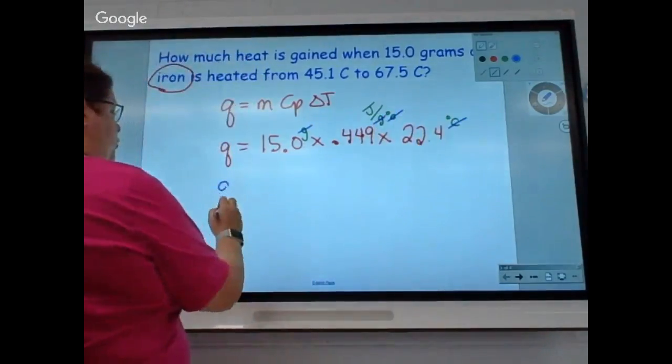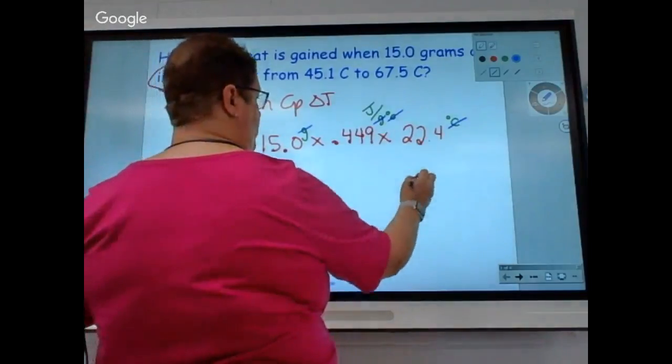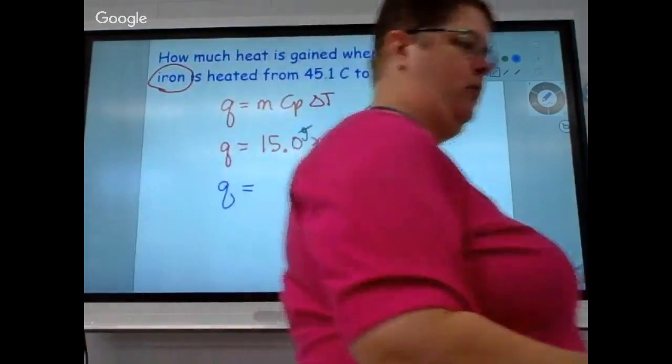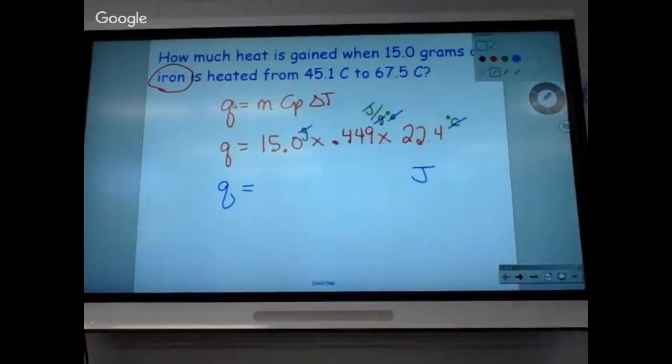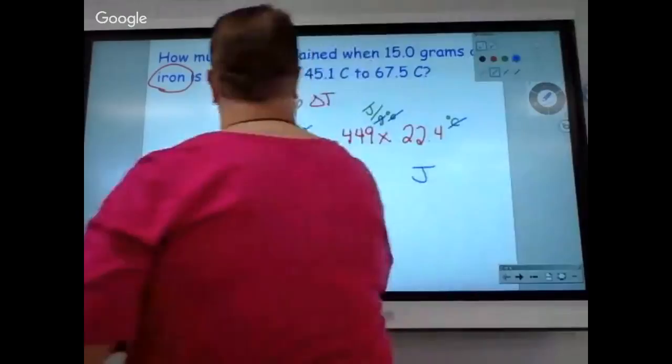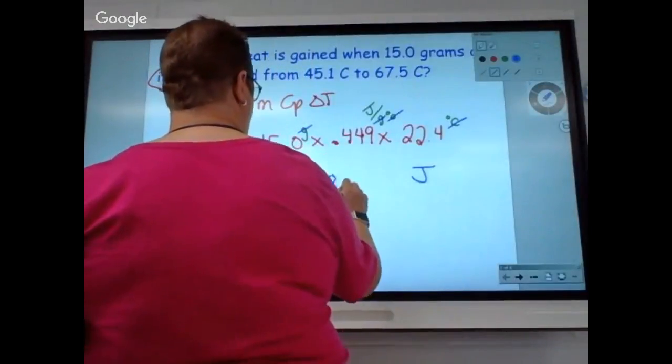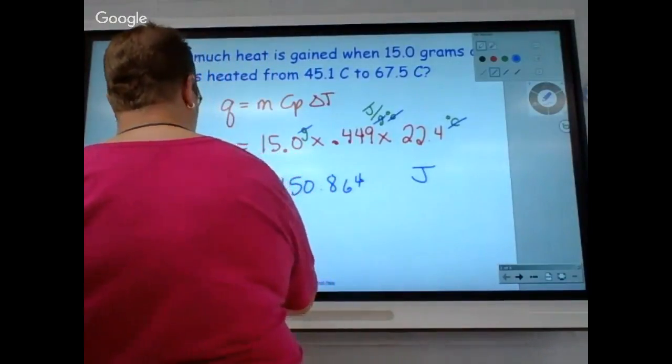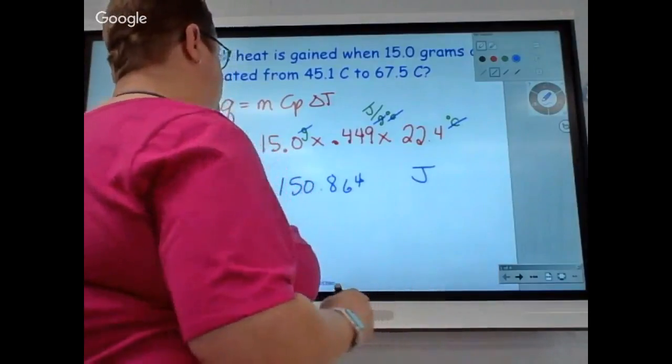And so Q is going to wind up being in joules. So when we calculate, we have 15.0 times 0.449 times 22.4, 150.864. Now, the final step is rounding to the correct significant digits, right?